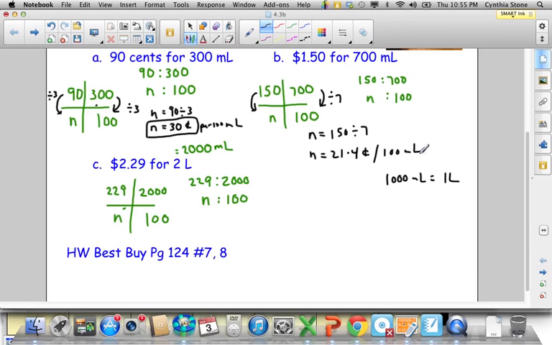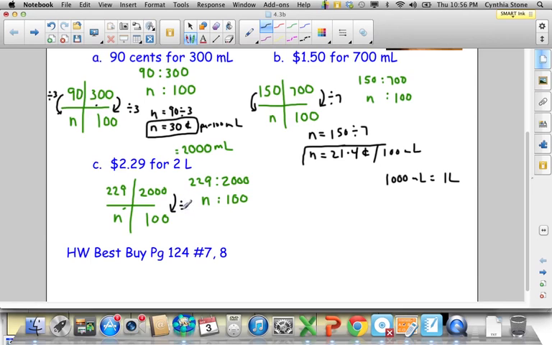So you can already see the idea of best buy. Obviously this one's cheaper. So far, this is our best buy. But let's keep going and look at this one. This one is 229 for 2,000, and again we're going to use our relationship. 2,000 divided by 100 is 20.